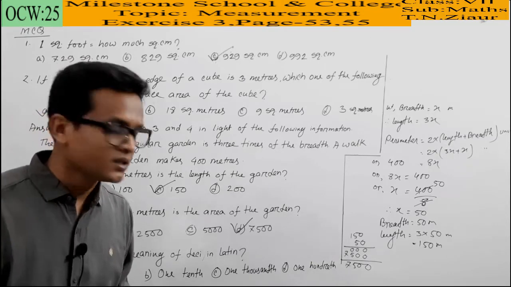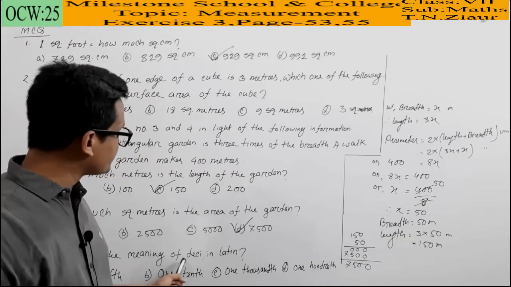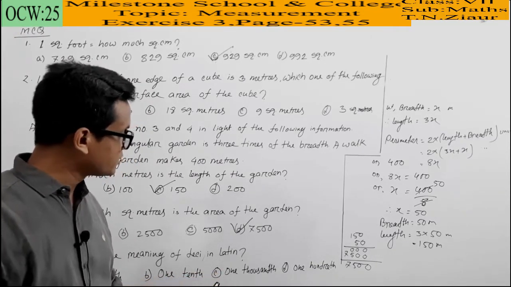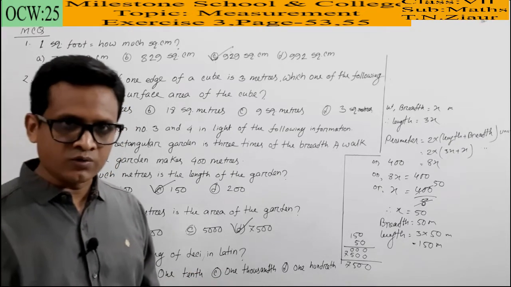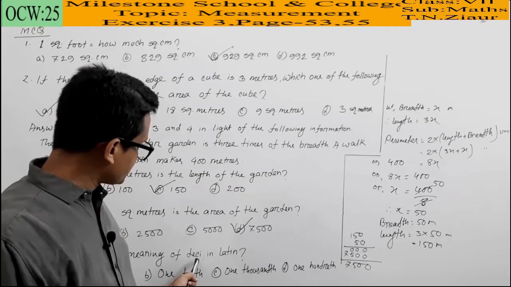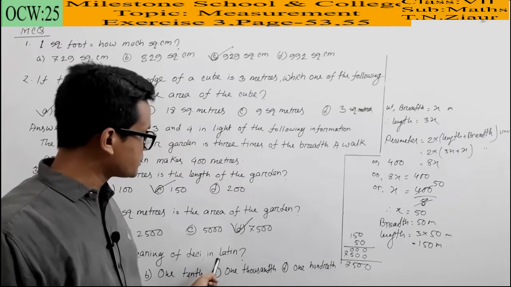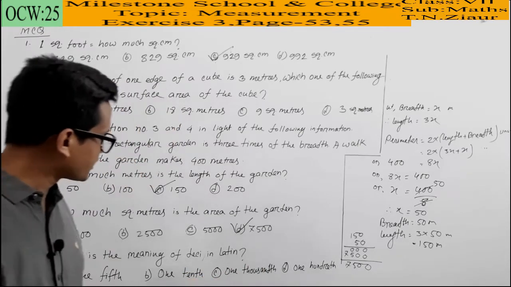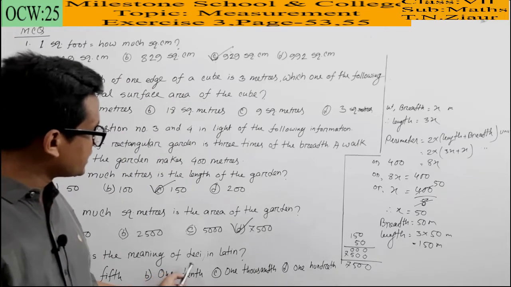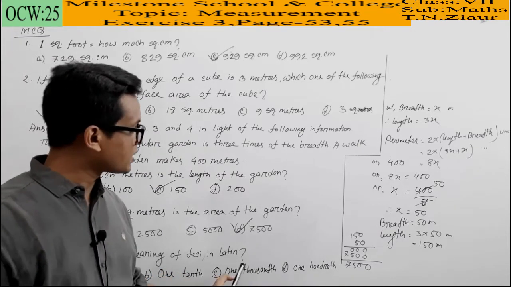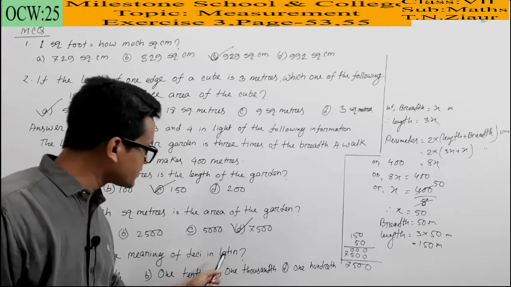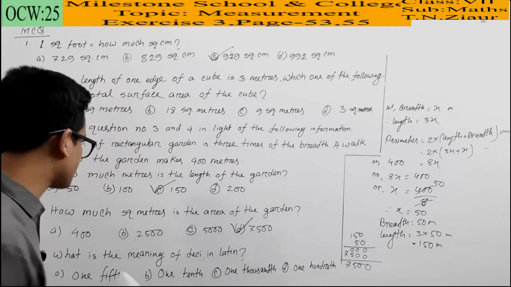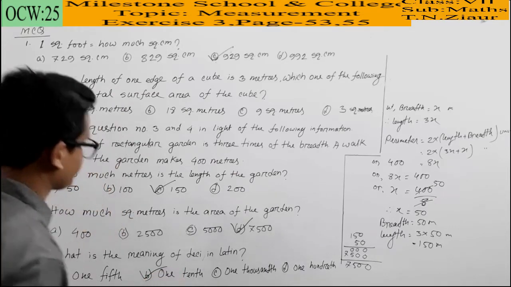And milli in Latin is 1000. So deci means tenth, centi means hundredth, and milli means 1000th. Clear? So here, the meaning of deci in Latin is 1/10. So the answer will be B.